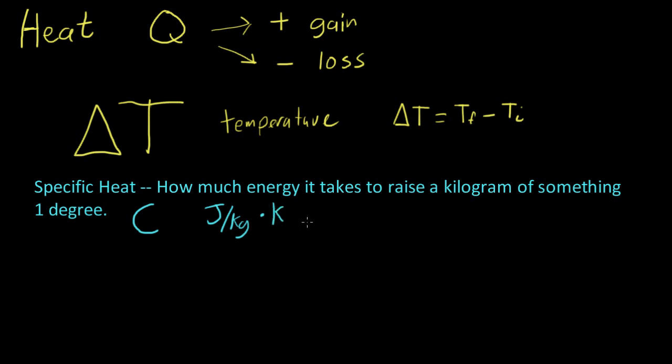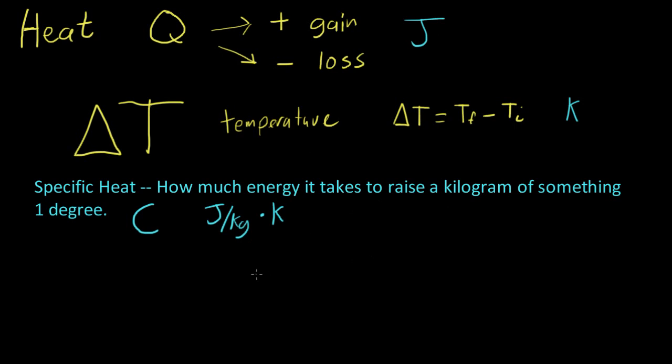Joules per kilogram Kelvin. It's a really strange unit. What was the unit for heat? Well, the unit for heat is energy, so heat is just a joule, by the way. And then temperature is, of course, measured in Kelvin, degrees Kelvin. So there are all our units. So that's the idea of specific heat.